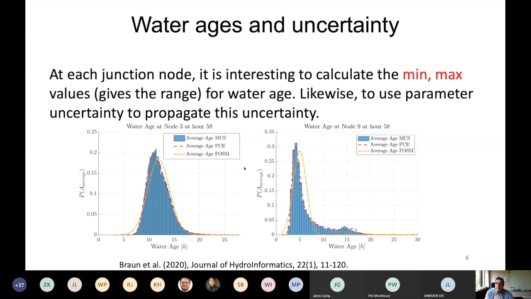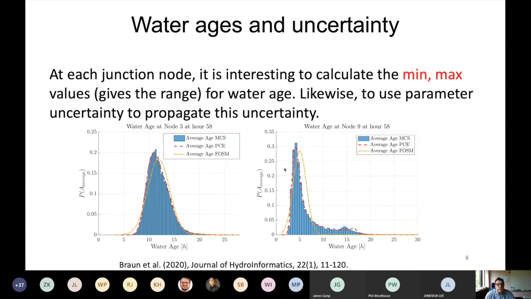I have worked a lot with the water age, the residence time, and when we are transporting or calculating the water age, one problem comes from the mixing at the junction nodes. In EPANET and other software, usually the flow rate average is done.